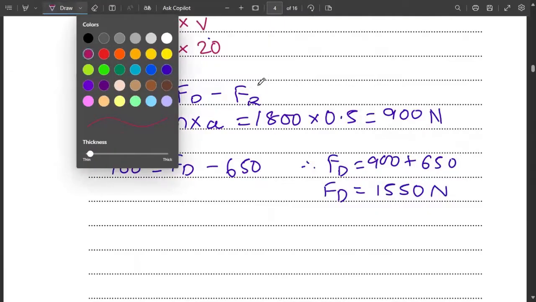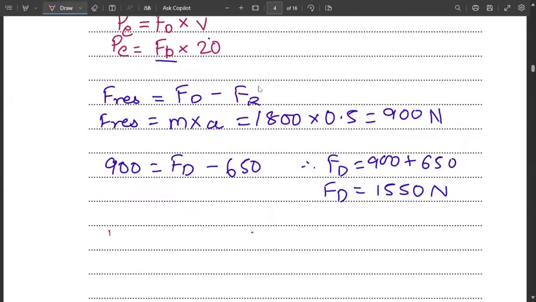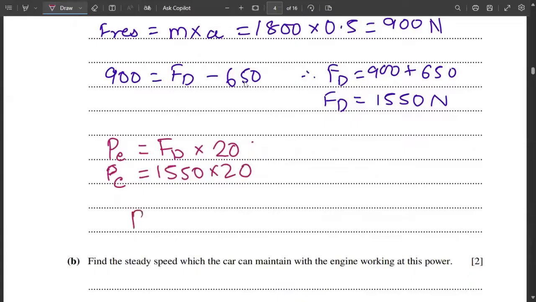Now going back to our previous equation, power of engine is equal to driving force into 20. So power of engine will be 1550 into 20. Now if I put 1550 into 20 in the calculator, the answer I'll get is 31,000 watts.